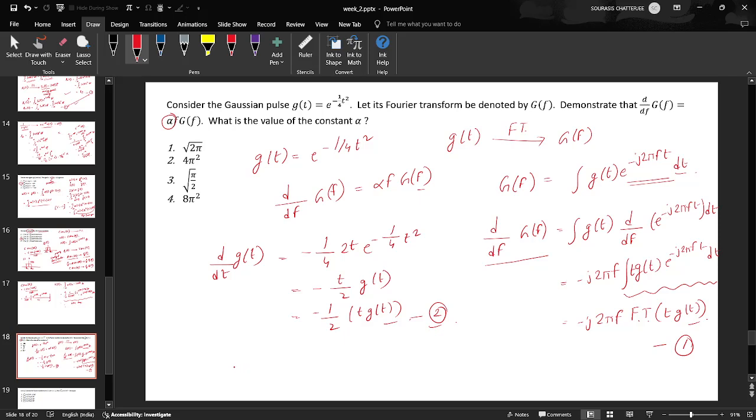Now let us see what happens when you compute the Fourier transform of this.